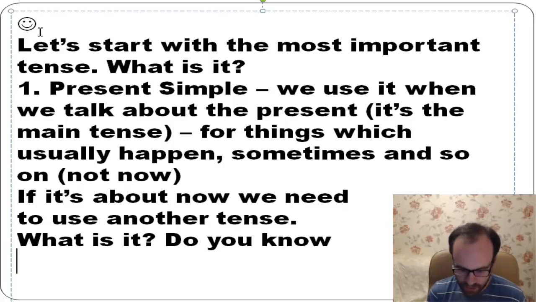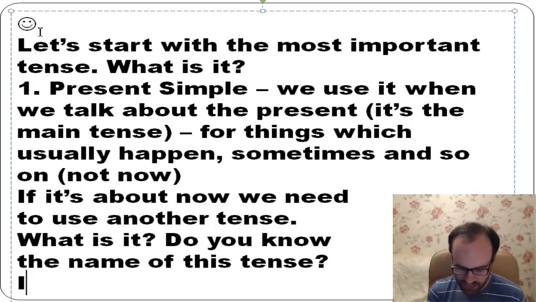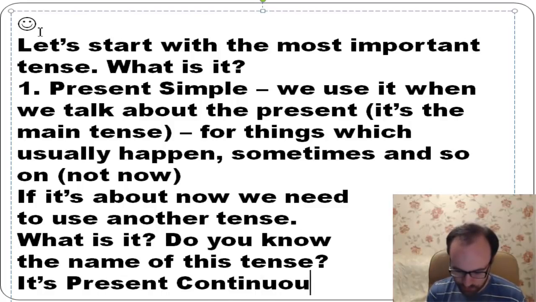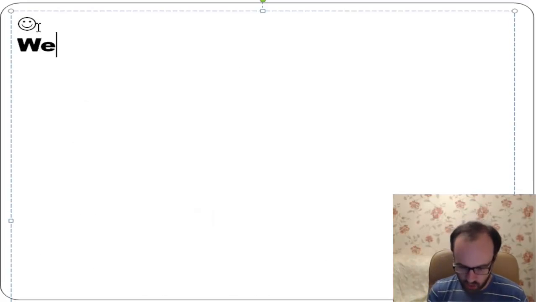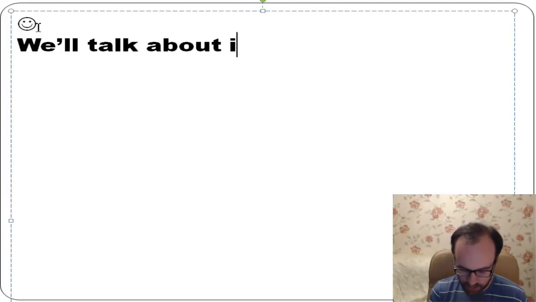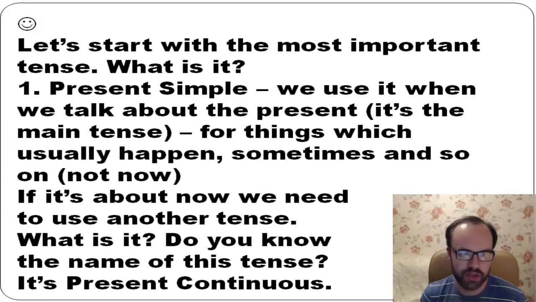Do you know the name of this tense? It's present continuous. We'll talk about it a bit later.